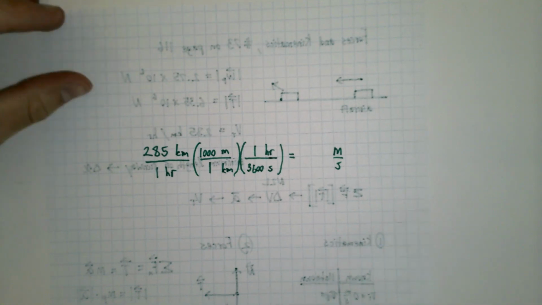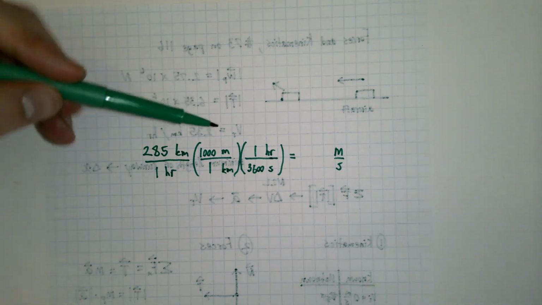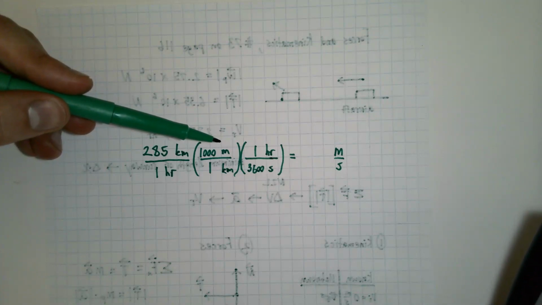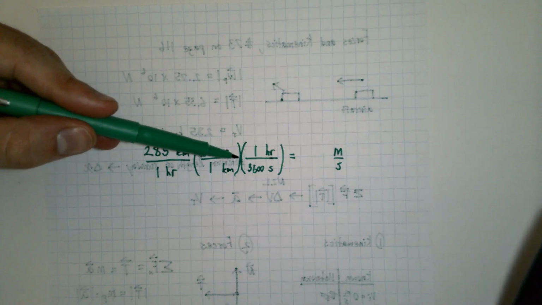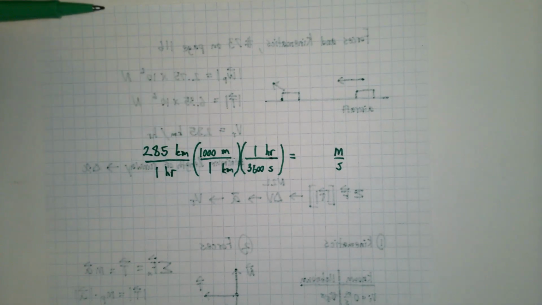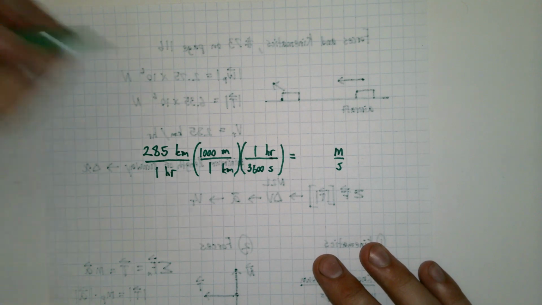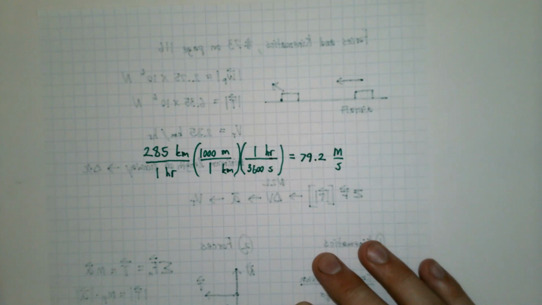So now we just multiply across, so 285 times 1,000 meters times 1. That gives us our numerator, divided by what's in our denominator, which is 1 times 3,600. So we end up with a takeoff velocity of 79.2 meters per second.